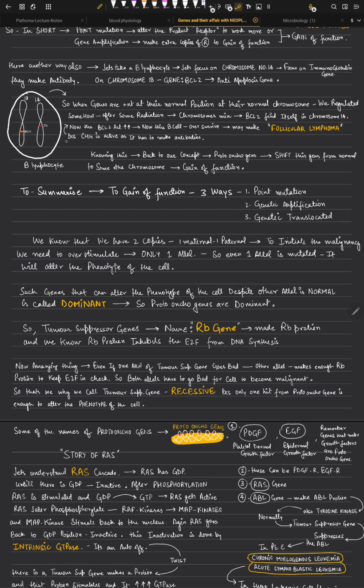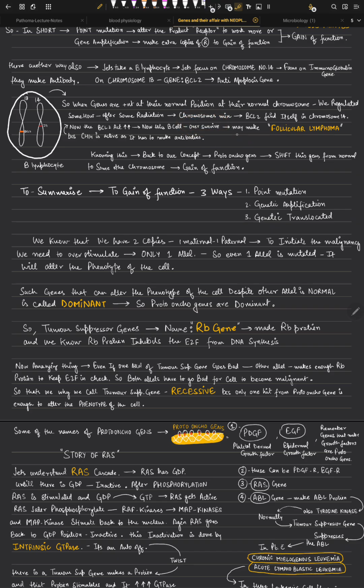But somehow, after some radiation or some mutation, chromosome mixing happens. Now BCL2 finds itself on chromosome 14. The BCL2 activity goes way up, it's like nuts. Now this B cell over-survives, right?